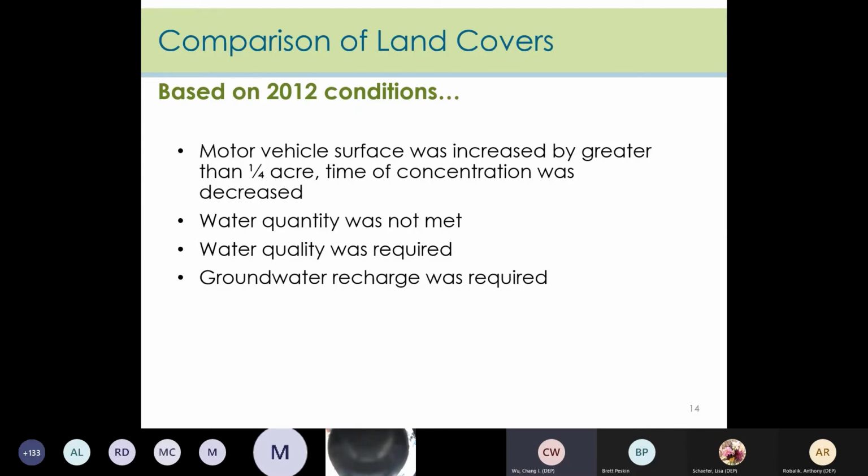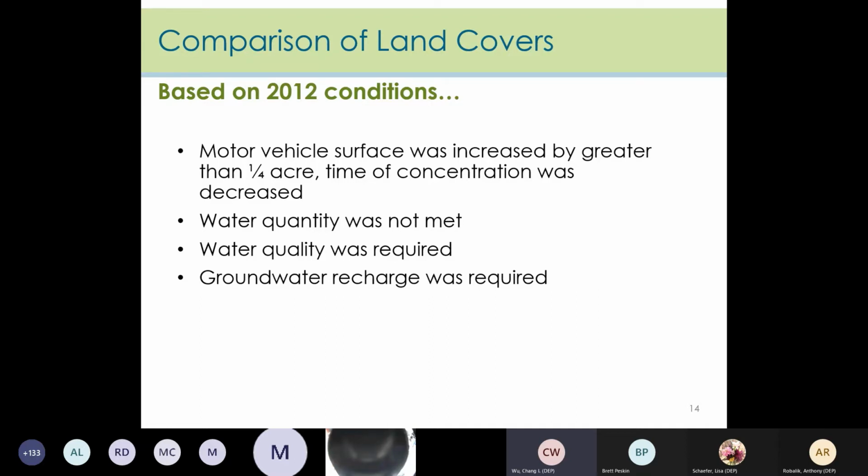If you compare the proposed condition with the condition in 2012, when the building had been removed for many years and the vegetation had been established on the site, you can see that the impervious surface was increased by more than a quarter acre.